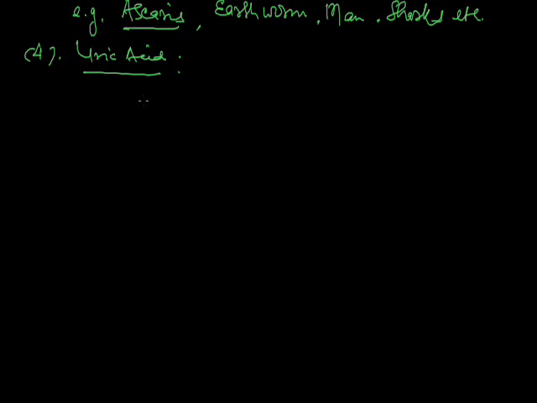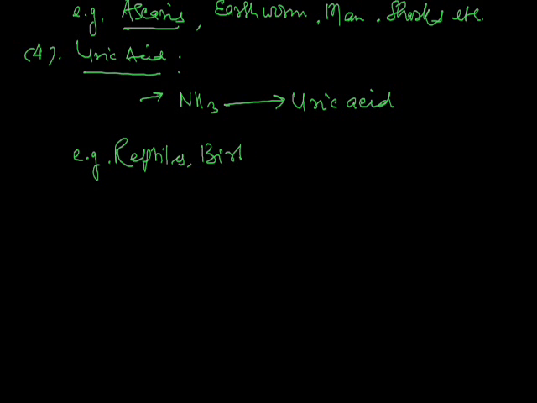Next is uric acid. In this case, ammonia is converted into uric acid. For example, reptiles, birds and insects. Man also excretes some uric acid, which is formed by the breakdown of nucleic acid.